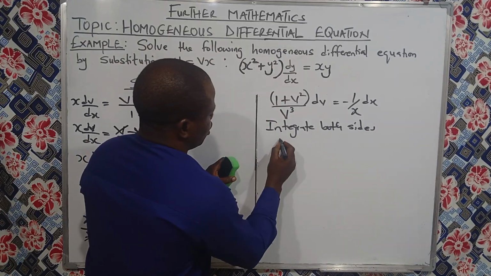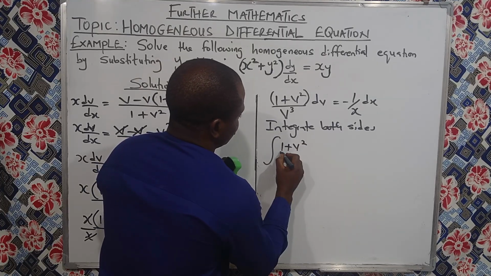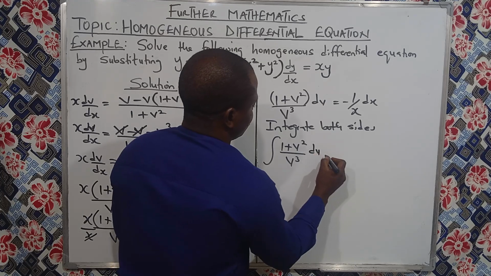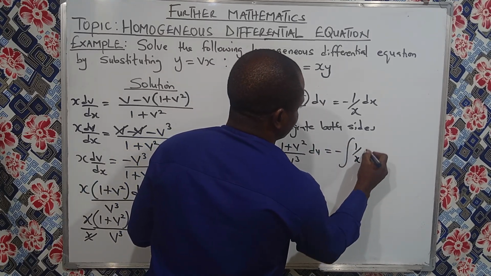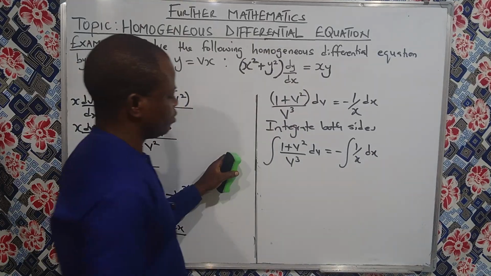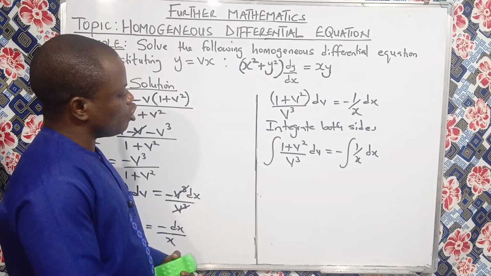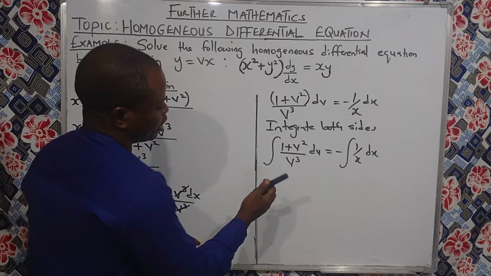Now we have the integral of (1 plus v squared) over v raised power 3 dv equals minus integral of 1 over x dx. When you get to this point, you can see that this v raised power 3 is common to both 1 and v squared. It is dividing both 1 and v squared. Let's separate them.